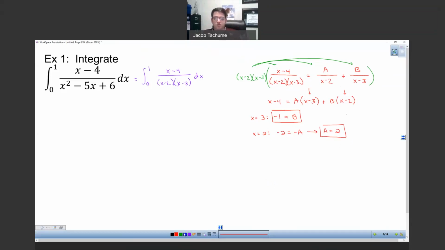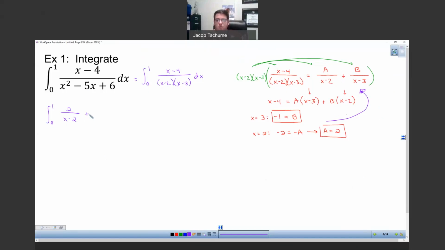Now we're going to come back to my original problem back over here in purple, and we are going to integrate from 0 to 1. I'm going to take both constants that we just found and substitute them into my partial fraction breakdown, and then we'll work the problem. So a was 2, so we're going to do 2 over x minus 2.